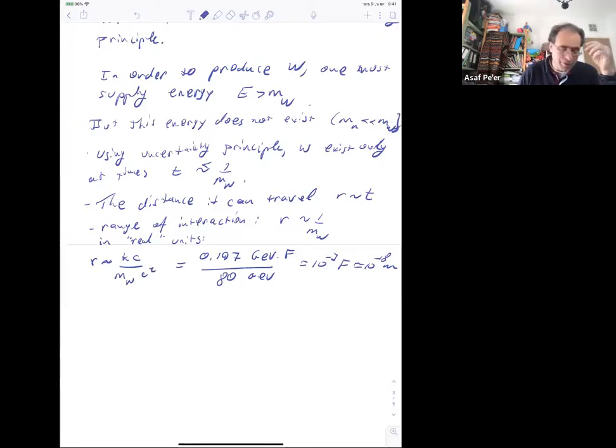So it's a different terminology, which is essentially describing the same thing. Of course, the way we do it today makes it much easier to make calculations using the Feynman diagrams. But of course, the argument of limited interaction range is not affected.